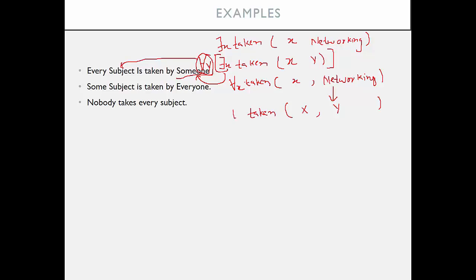It remains as it is, and it becomes an existential quantifier. This means some subject, and this means everyone. So some subject is taken by everyone will be represented with this kind of representation.